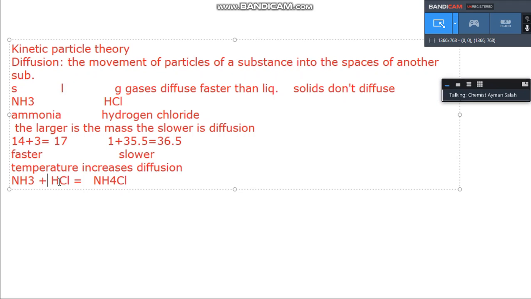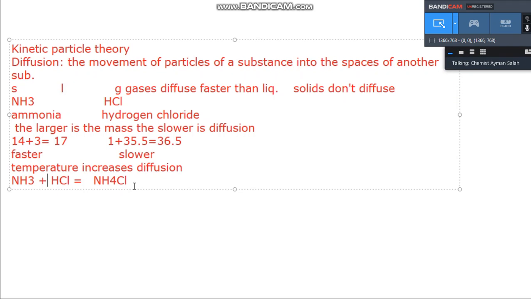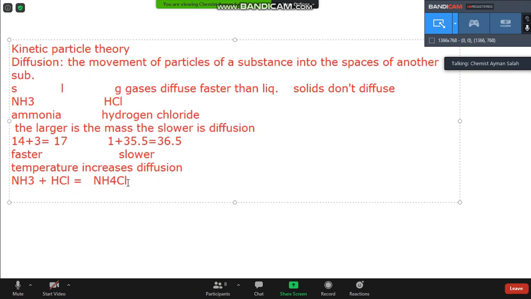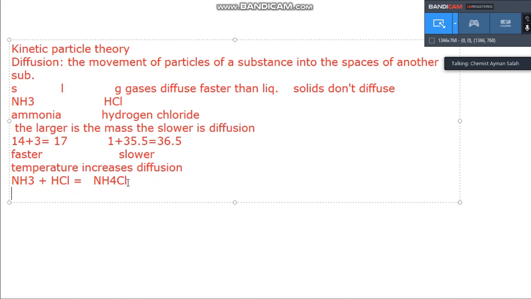So it will be nearer to HCl, but we want to know why. Why? Because HCl is slower than ammonia. So ammonia will move faster towards HCl.